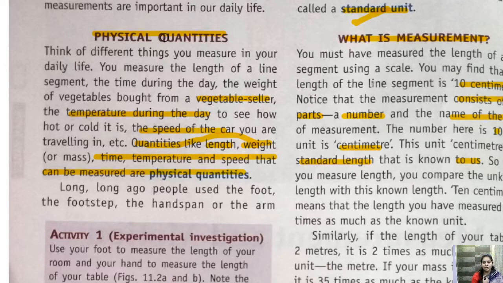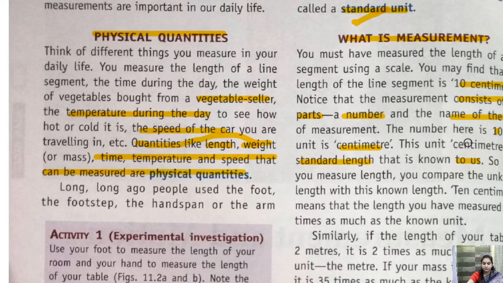If I am measuring it then also it will come to be 10 centimeter. If somebody else is measuring it again that will come to be 10 centimeter. So it is coming uniform, same all over, like same everywhere and every time. So such units are called standard units.